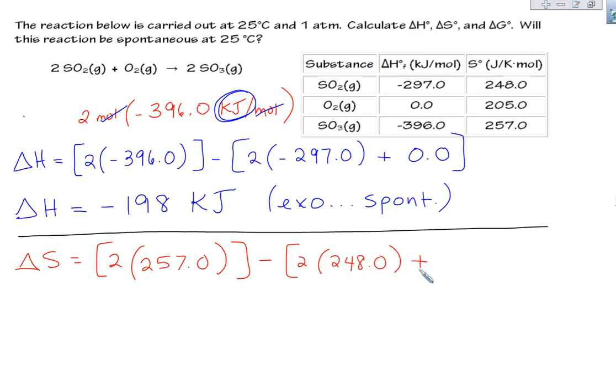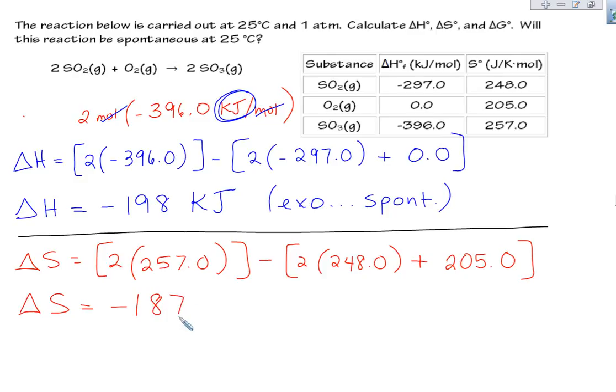So now it's not 0. 205.0 for the oxygen. These are all gases, so again, their entropy values are all pretty high. Okay, so we got products minus reactants. We plug this in our calculator, and delta S is negative 187.